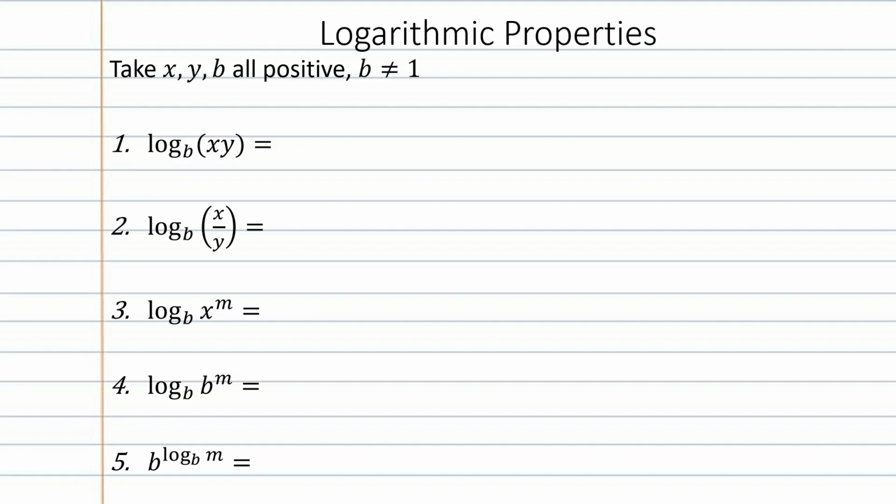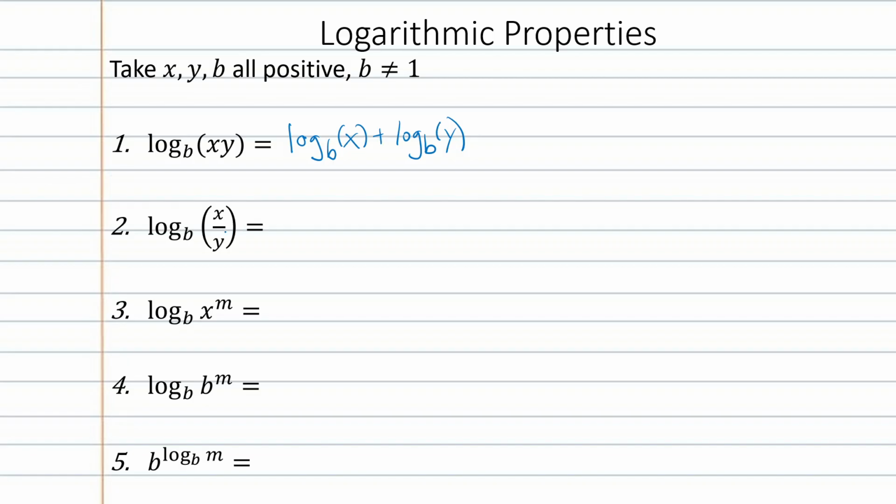Let's go through some more properties. Take x, y, b all positive, and b not equal to 1. The log base b of x times y, we just discovered that one, is equivalent to the log base b of x plus the log base b of y.